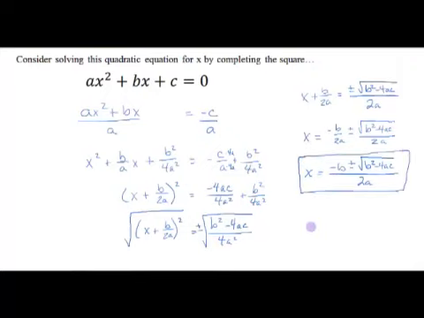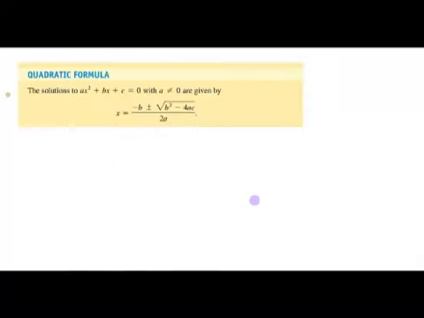More formally stated here, the quadratic formula: solutions to ax squared plus bx plus c equals 0 with a not equal to 0 are given by the quadratic formula x equals negative b plus or minus the square root of b squared minus 4ac all over 2 times a.